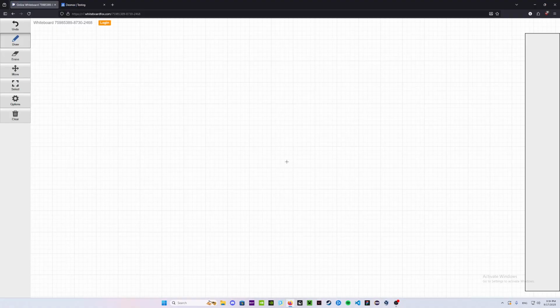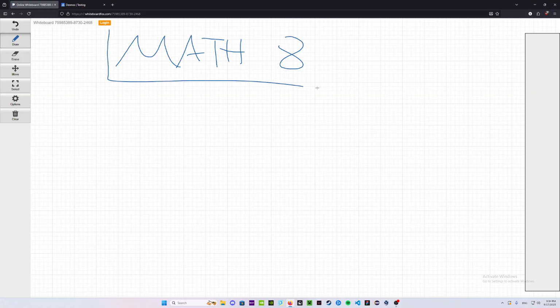But now let's get into the calculator part. So if you're using a TI-84 calculator on your test, also please don't use this. Please use Desmos. Please. Okay, but if you're using that, then what you're going to do is type math 8. Alright? Type this.